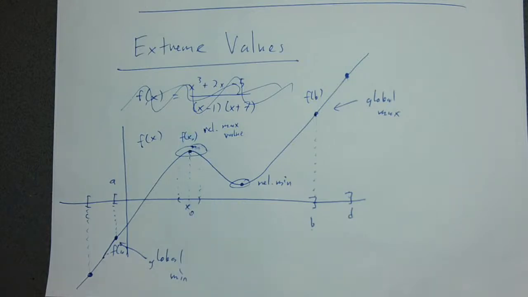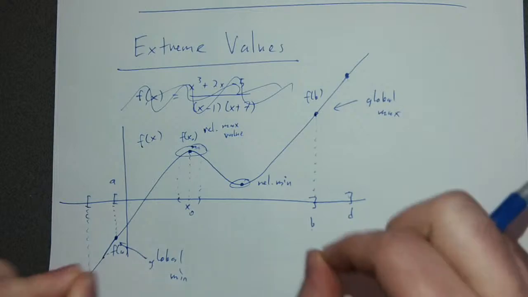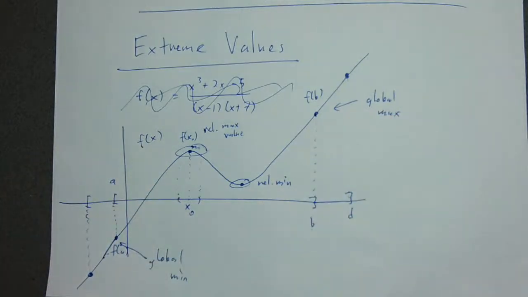In a way, they're a lot more important than the global extreme values, okay? Because the global extreme values could just be an artifact of whatever window you're looking in, right? Whereas the relative extreme values are inherent to the function itself. A better way of thinking about it is the relative extreme values tell you the shape of the function.